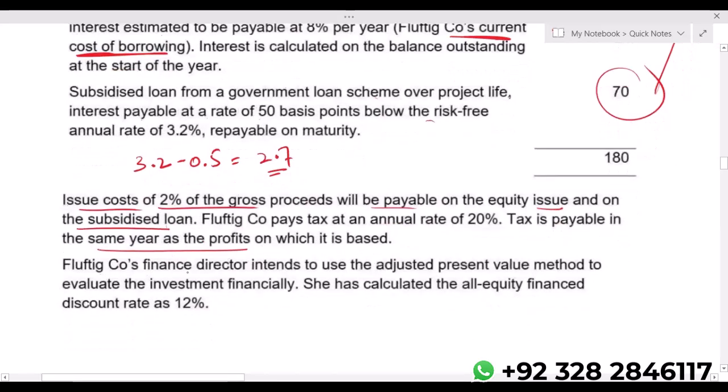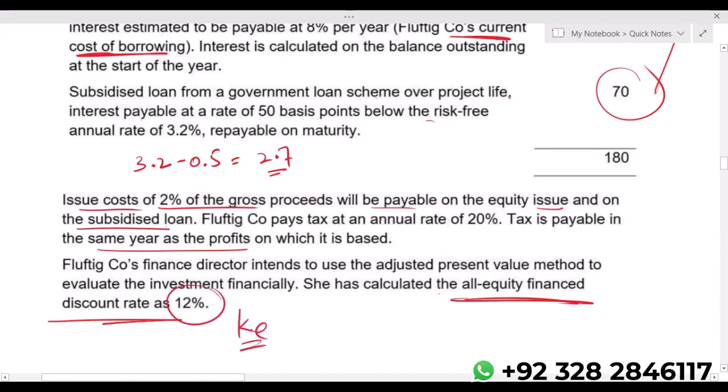The company's finance director intends to use the APV to evaluate the investment financially. She has calculated all equity finance rate 12%. They have already calculated KE for us.